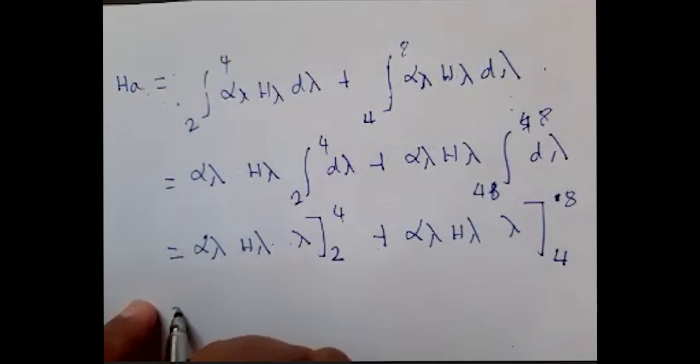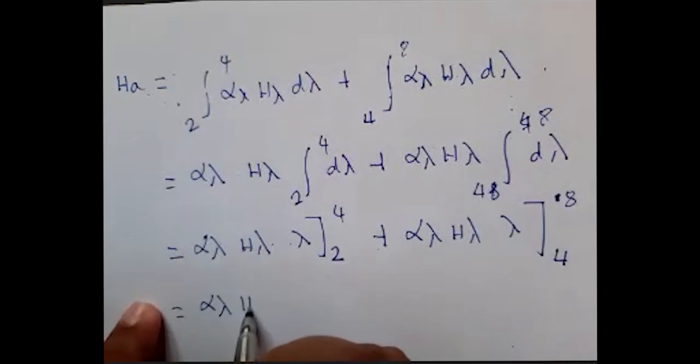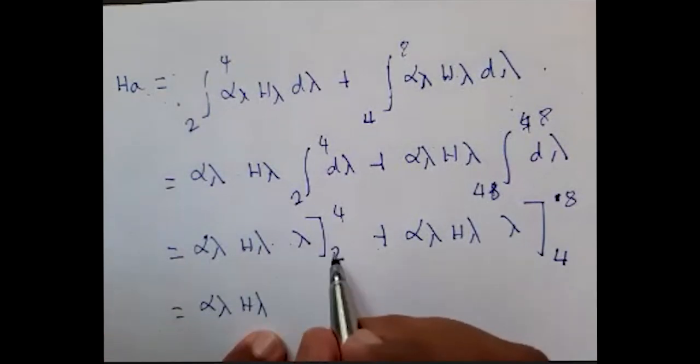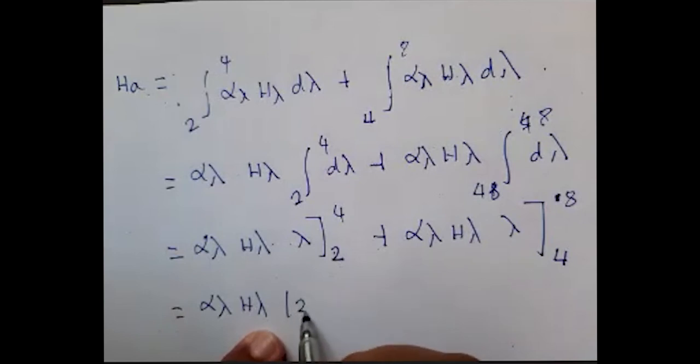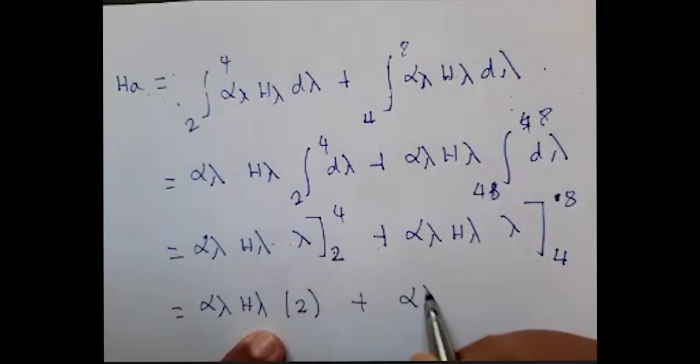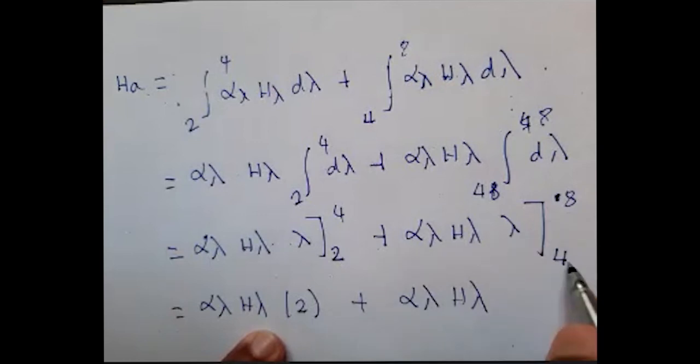When I substitute the values, it is alpha lambda, H lambda, 4 minus 2, the limit is 2, plus alpha lambda, H lambda, 8 minus 4, the value is 4.